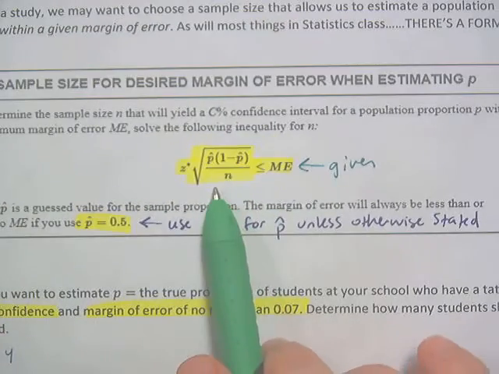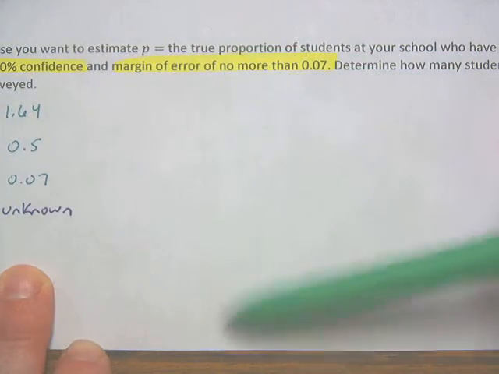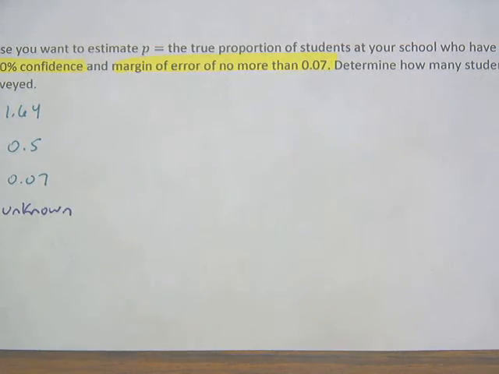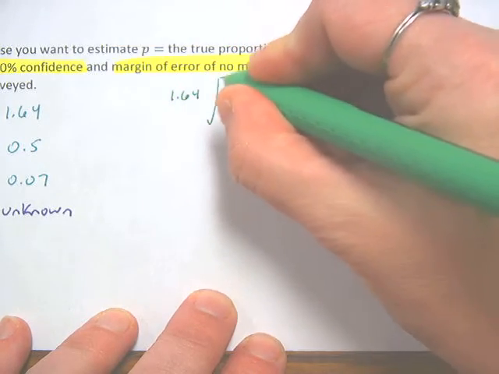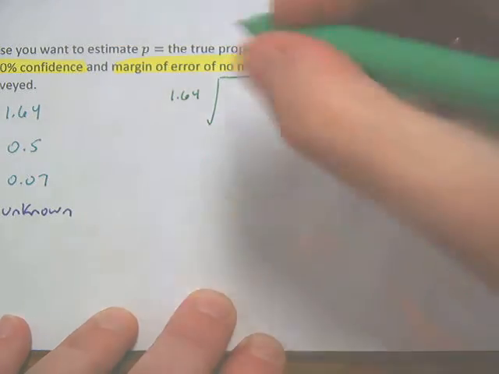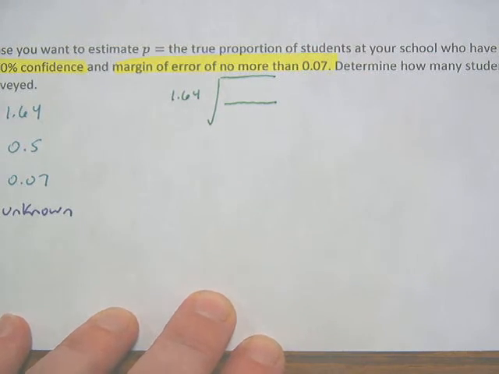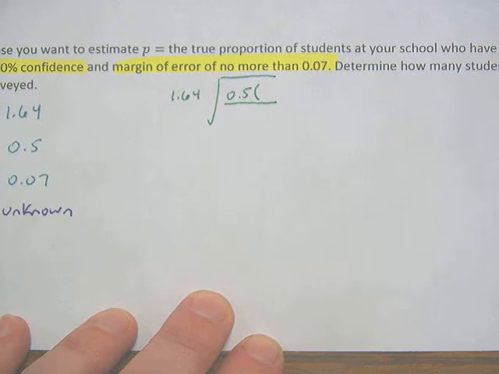So that formula right there in the box, we're going to plug into that. You're going to probably use all of this space, so don't write very big, okay? Because there are a lot of steps. So here we go. We've got Z, which is 1.64, times the square root of a fraction. And the fraction is P hat, 0.5, times 1 minus 0.5.